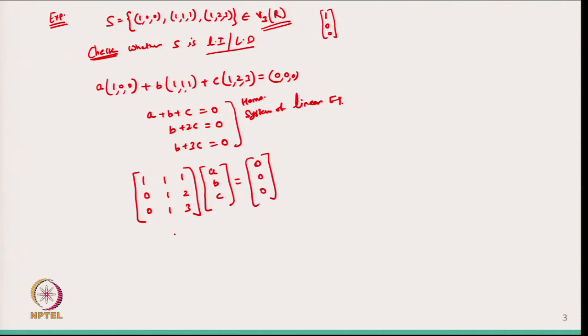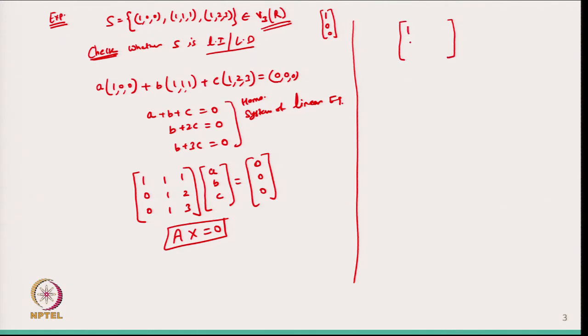So you can write it as Ax equal to 0, a homogeneous system of linear equations. Now I want to solve this. We know how to solve it: I convert it into echelon form using Gauss elimination, that is, I reduce it into an upper triangular matrix.